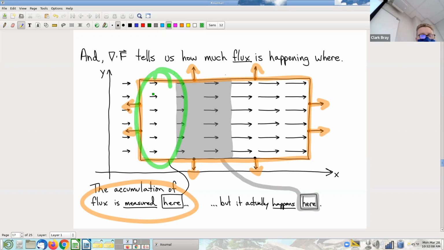It's a constant there, pointing to the right. It's a larger constant here, going to the right. And then it's growing in this region in the middle. Again, I claim if you look at this orange rectangle and measure the flux across it, there's a large positive flux happening across that right edge.